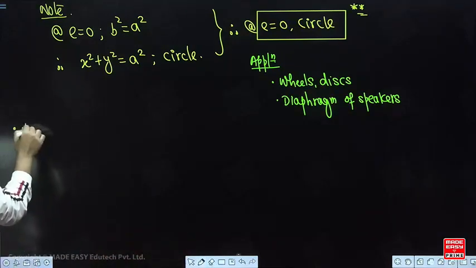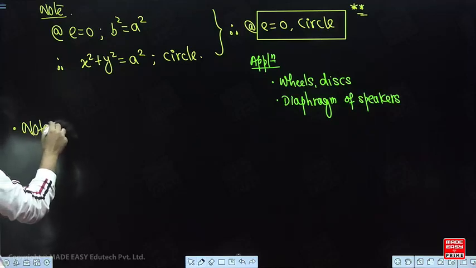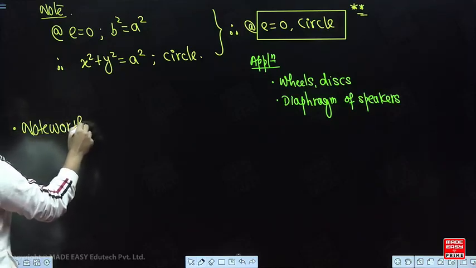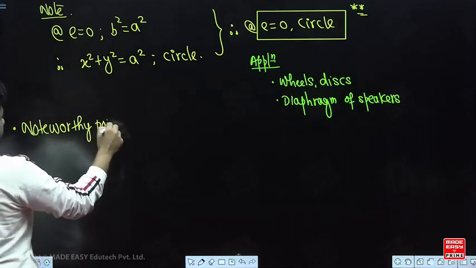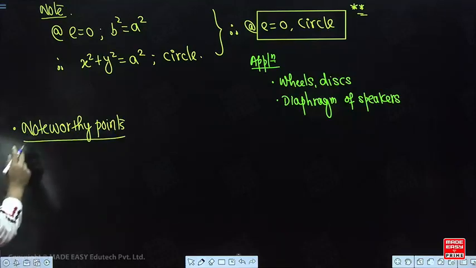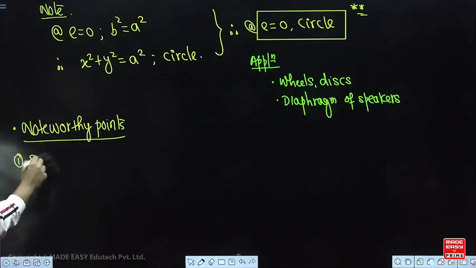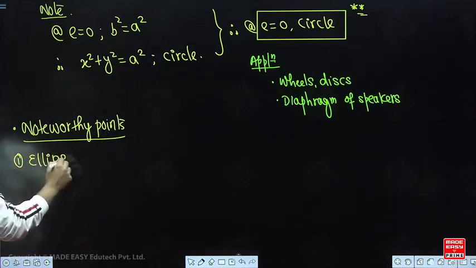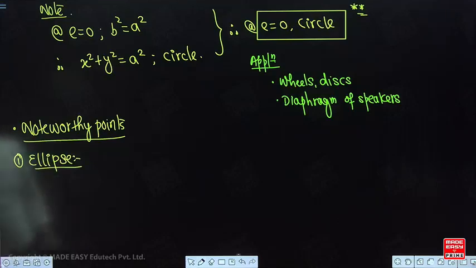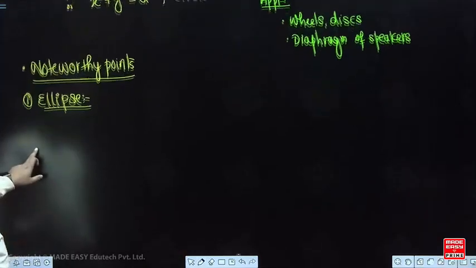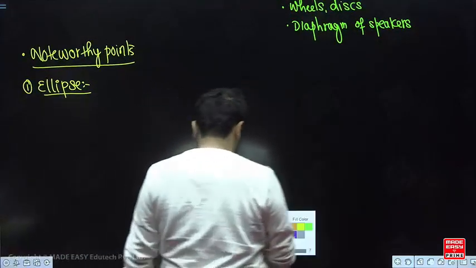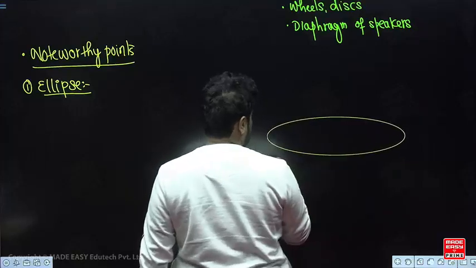Now, noteworthy points. First, about the ellipse. There are 3 points that you have to remember for ellipse. This is the ellipse.